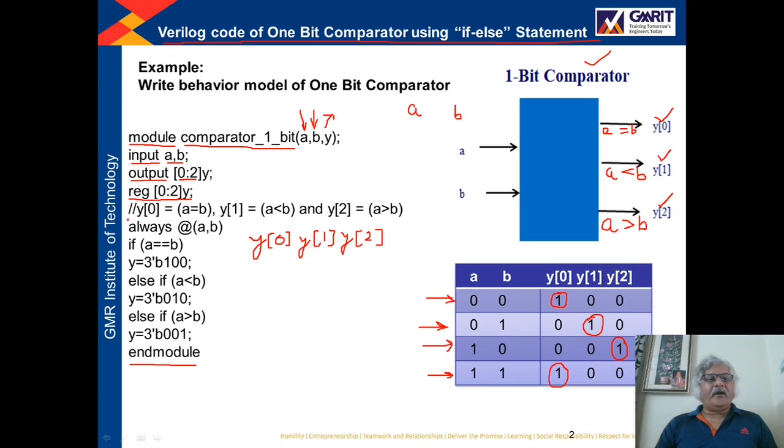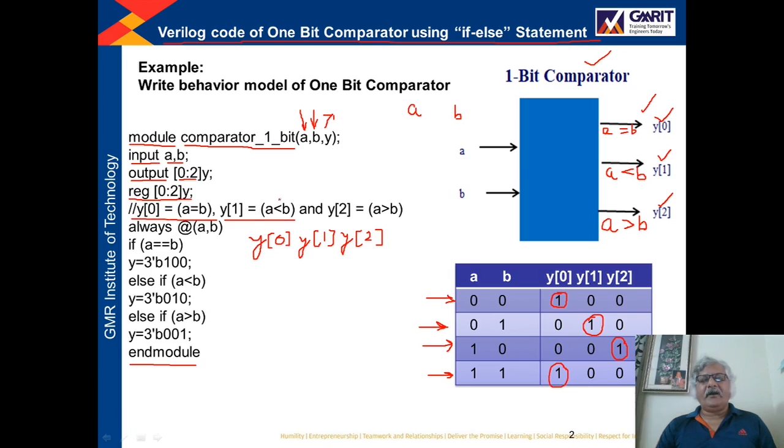I have also written a comment with two forward slashes, and the comment indicates that y0 will give us the value of a equal to b. Right? We have already discussed this. If a is equal to b, this will be indicated at the y0 output, and y1 will indicate whether a is less than b.